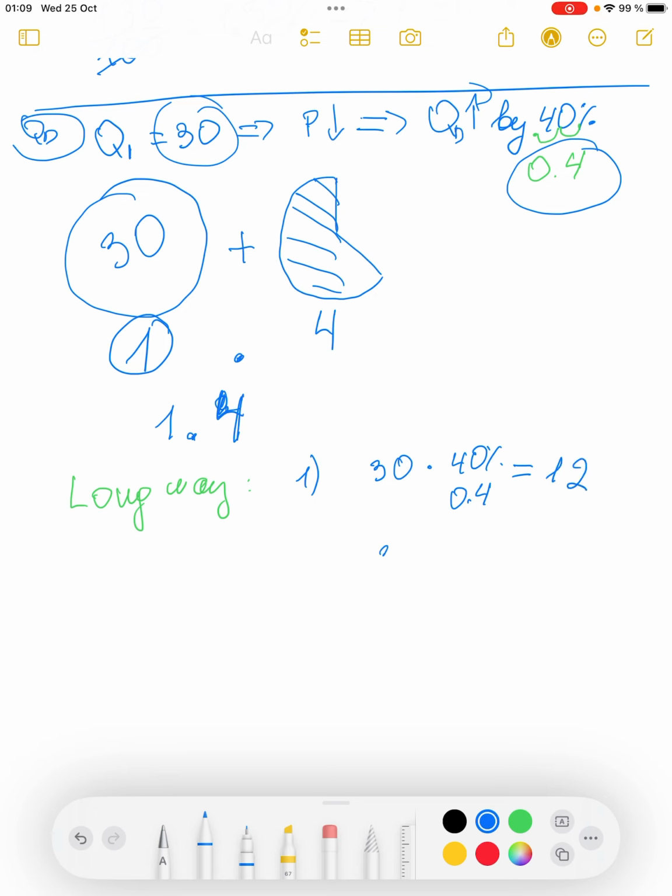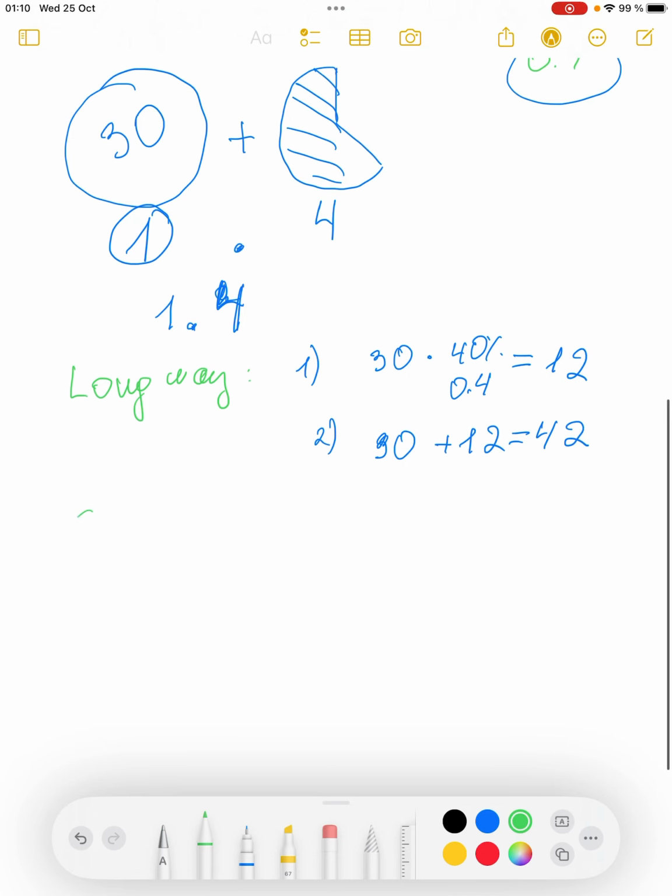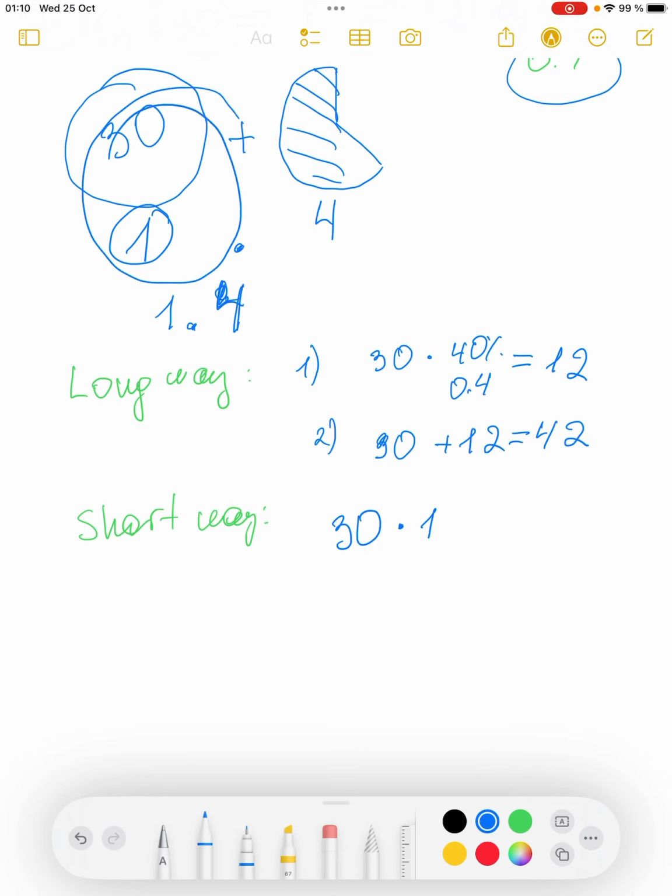And then you take your step 2, you take your 30 plus 12, and that is 42. Or you can do the short way, and you take your 30 and multiply it by 1.4. The whole pie plus 0.4. And that would be 42.